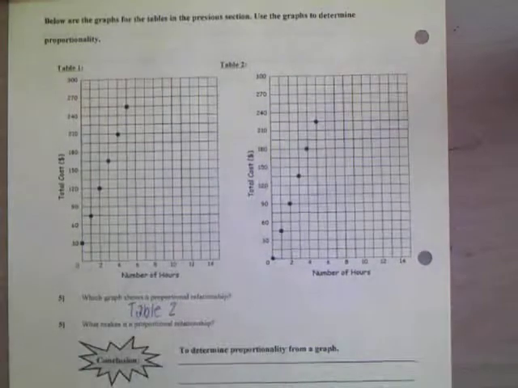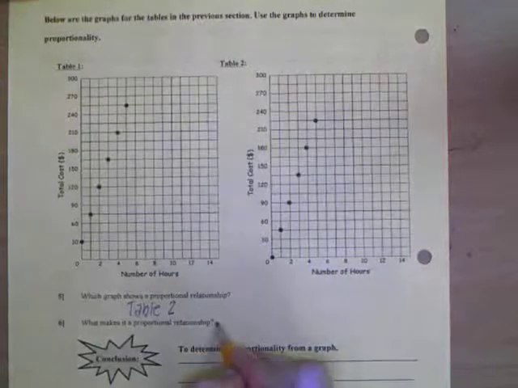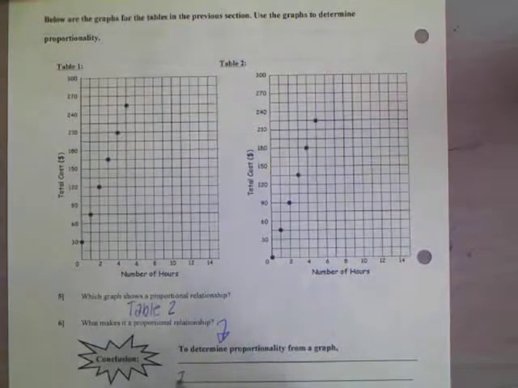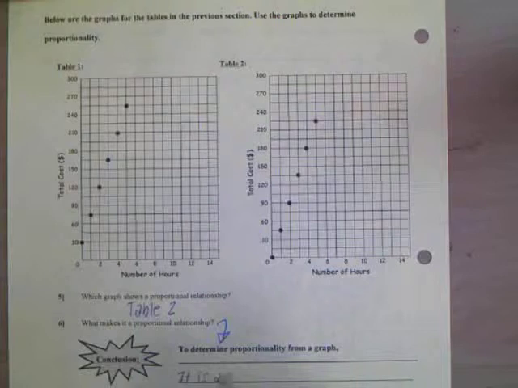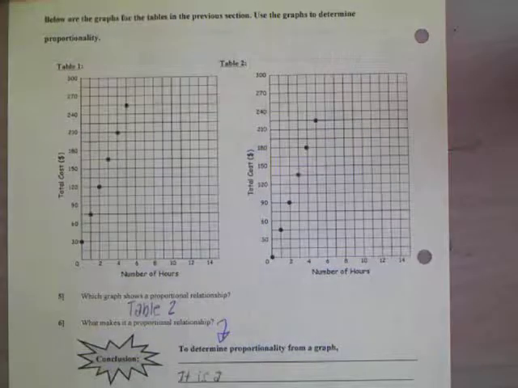What makes it a proportional relationship? There's two conditions to make it a proportional relationship. Number 1, it has to go through the origin. Number 2, the unit rates are equal. Gwen, when you're looking at the line, tell me something about the line.